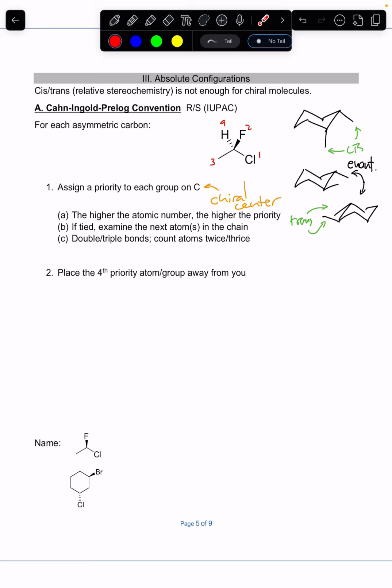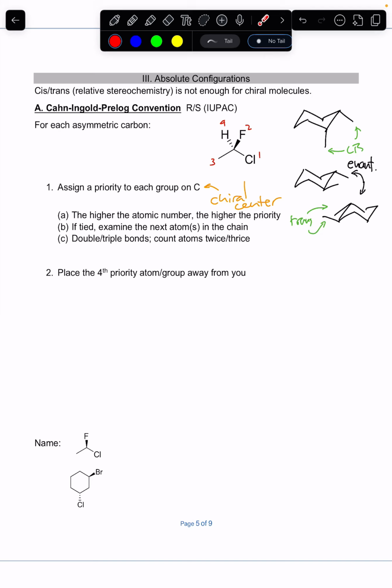We'll talk more about this later. Now, the second step is to place the lowest priority group or atom away from you. In this specific case, the lowest priority group is already pointed away from us, so that works out just fine.